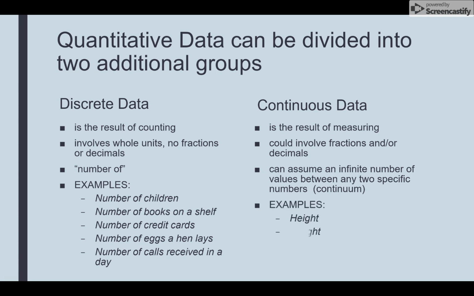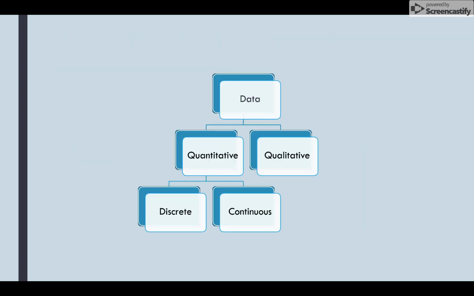Examples, things like height, weight, temperature, distance traveled. This flowchart shows you how the data is classified by type. Your initial decision is whether the data is qualitative or quantitative. If it is quantitative, you have to then determine is it discrete or continuous.